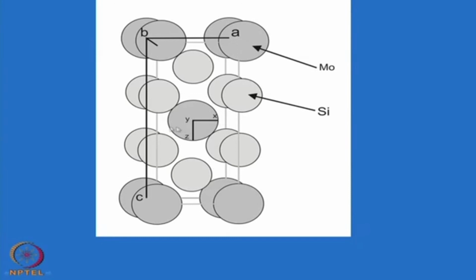So, molybdenum goes to the center of the cube as well as the corner of the cube, and silicon goes in between, in the interstitial sites within the cubic structure of molybdenum. Molybdenum disilicide has a very important industrial application.